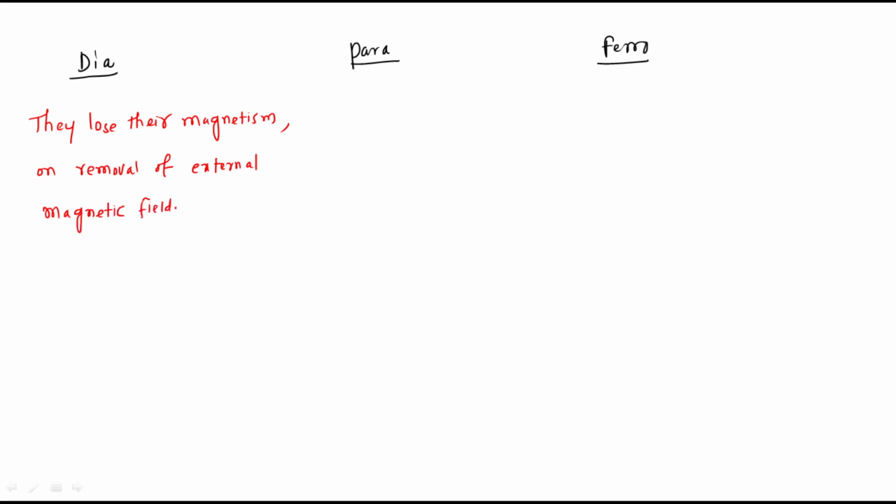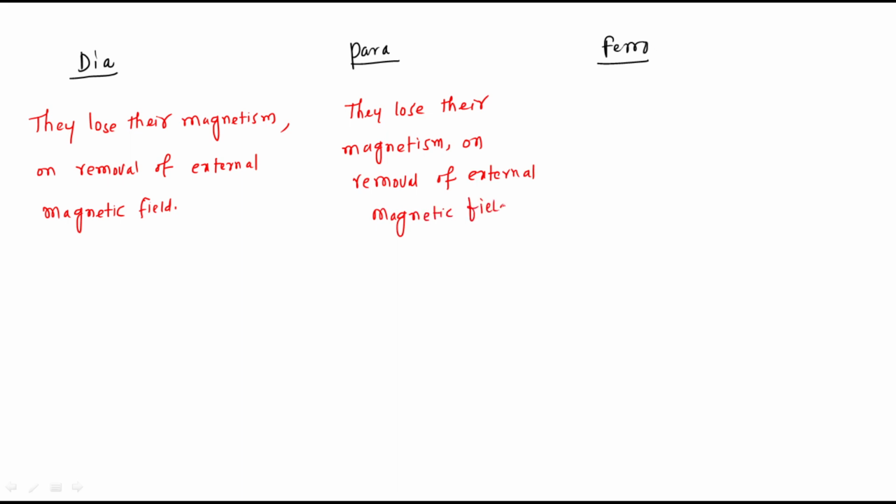If we have a magnetic field, they have some magnetism, otherwise they don't have any magnetism. Like that, paramagnetic materials lose their magnetism on removal of the external magnetic field.